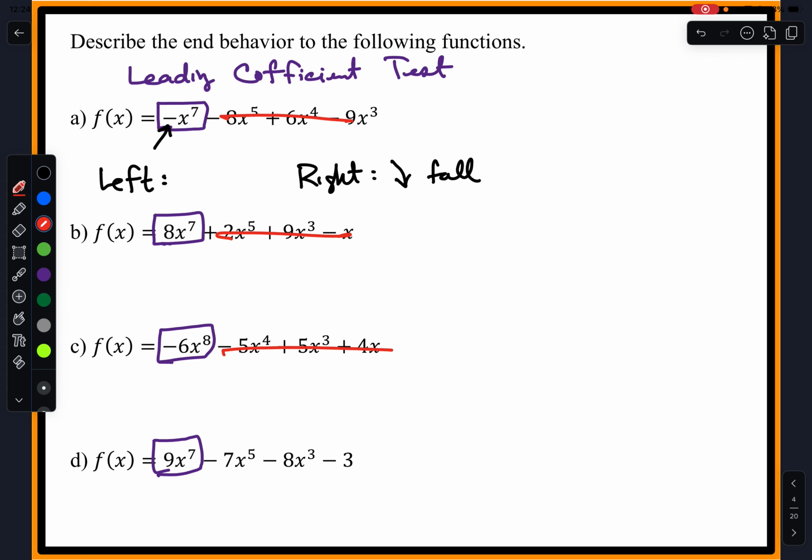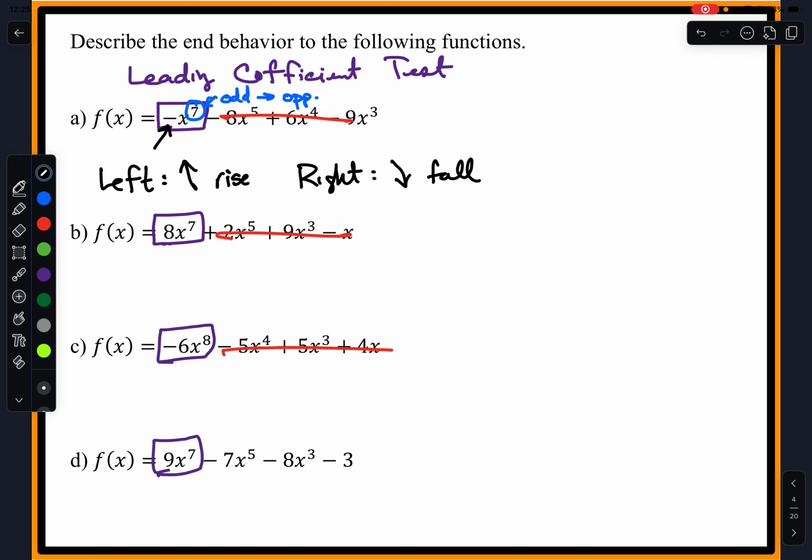If the degree is an odd number like this, 7 is an odd number, then the left side is going to move in the opposite direction of whatever the right side is moving. So since the right side is falling, the opposite of falling is rising. So the left side is going to rise. That's the end behavior of the first one.